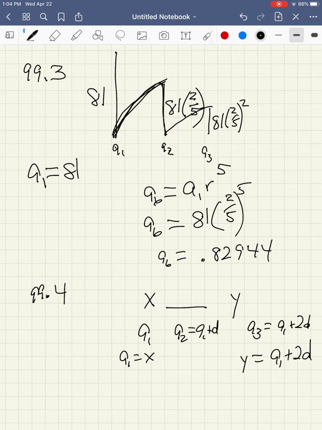So I can say a1 is x, so over here I can say y is equal to x plus 2d. So then x is equal to y minus 2d.